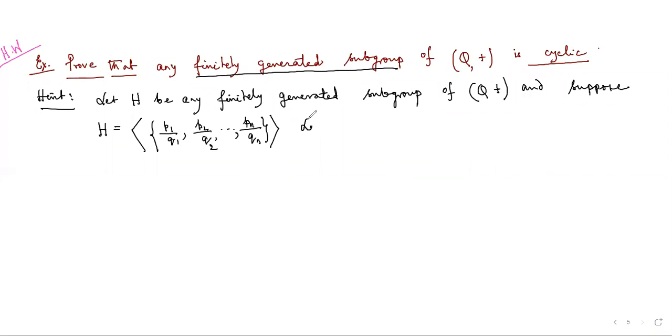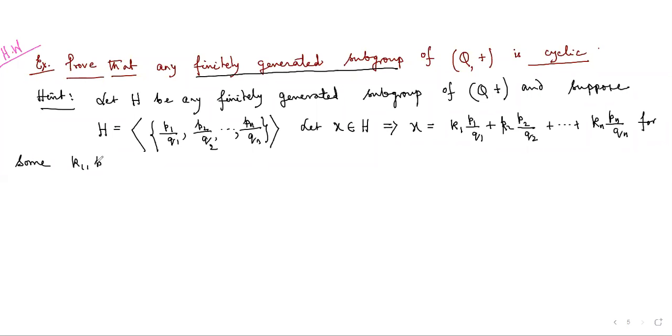So that means, if we consider an element X belonging to H, this implies X can be written as K1 into P1 by Q1 plus K2 into P2 by Q2 plus Kn Pn by Qn for some integers K1, K2, Kn belonging to Z. This is your hint.